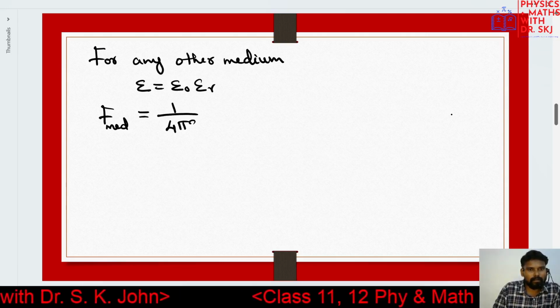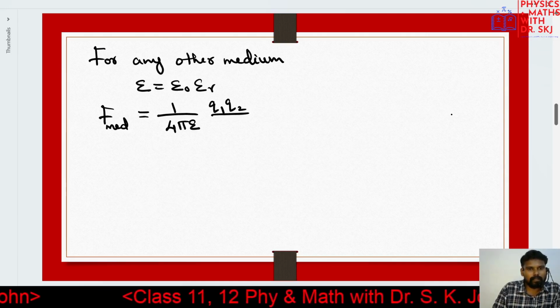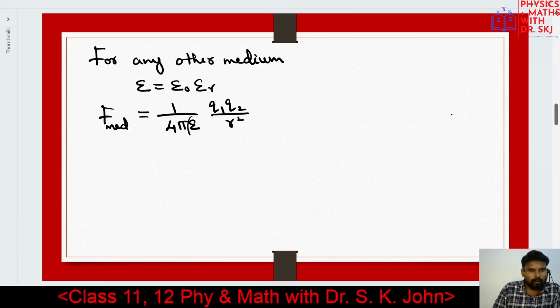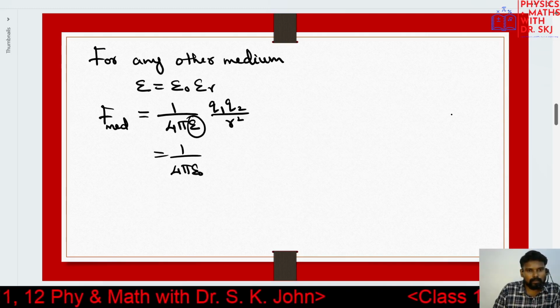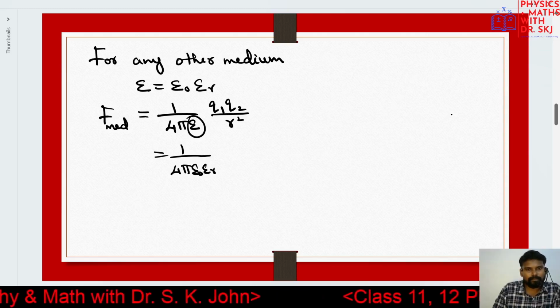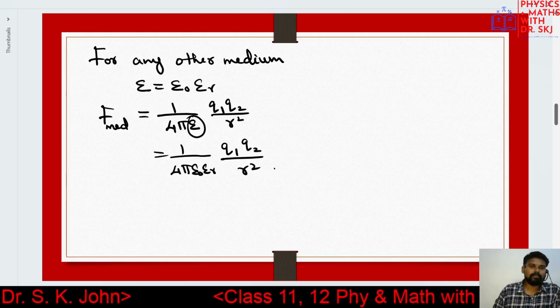4 pi epsilon into q1 q2 by r square, and this epsilon can be replaced by epsilon 0 epsilon r. Okay, r square.